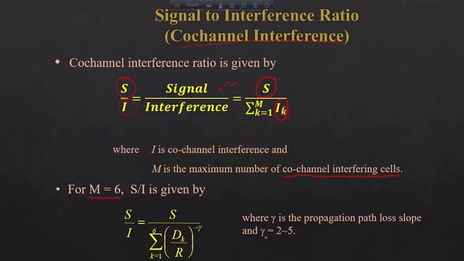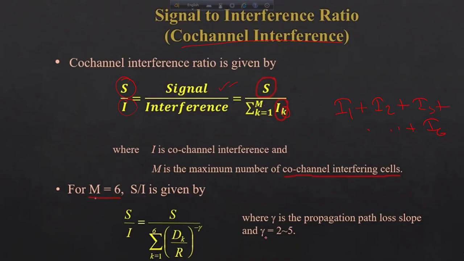The value of k will change from 1 to 6: I1 plus I2 plus I3 plus dot dot dot plus I6. This is how I am adding all six interferences from these six interfering cells. So I is the co-channel interference and M is the maximum number of co-channel interfering cells.